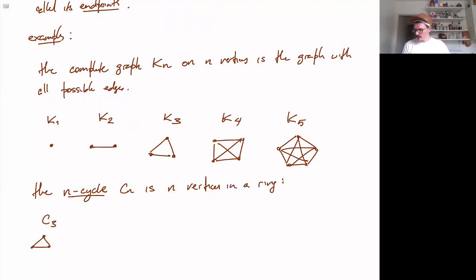So C3 is a triangle, so it's the same as K3, in fact. C4 is 4 vertices connected in a ring, so it's a square or a rectangle. C5 is a pentagon, C6 is a hexagon, and etc.